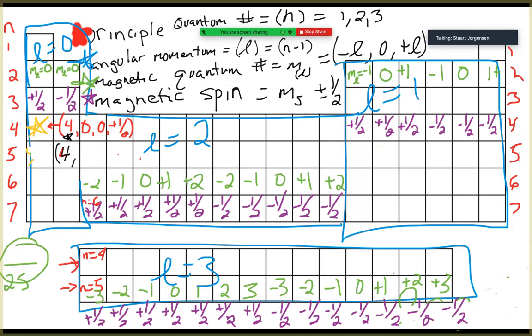We're still in the S sublevel, so its angular momentum would still be 0. There's only one orbital that could be. We call it the 0 for its magnetic quantum number. But now it's got to be spinning in the other direction, so its spin would be a negative 1/2. And if you have all 4 of your quantum numbers, there's only one electron you can be talking about.